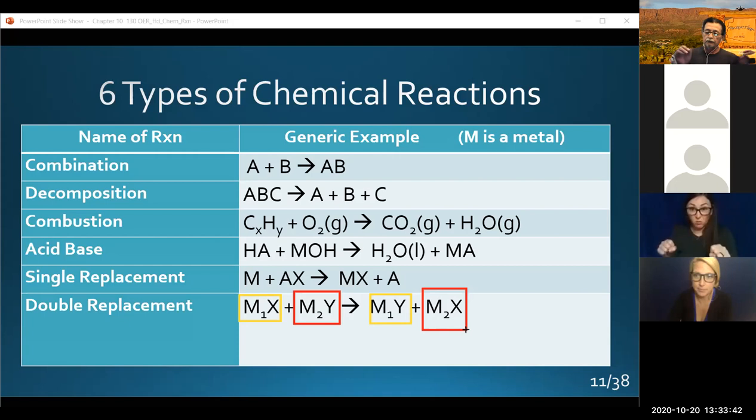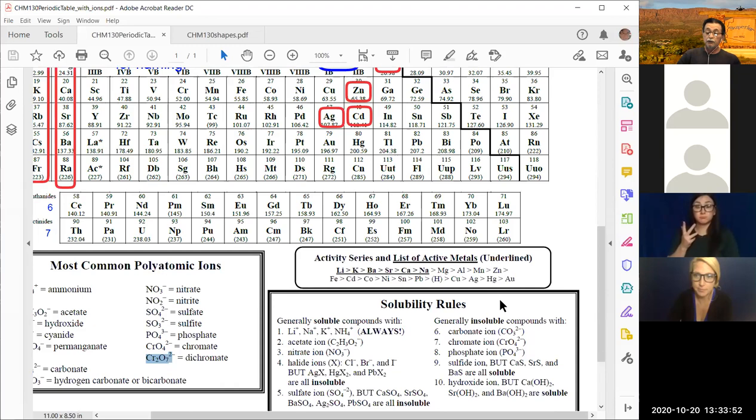Okay? But if we look up M1Y and the solubility rules tell us that it is insoluble, then a reaction proceeded. Okay, it becomes a solid. And so a positive reaction of this type is dependent on the solubility of the products.